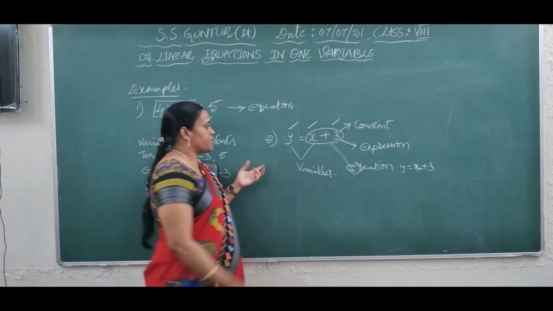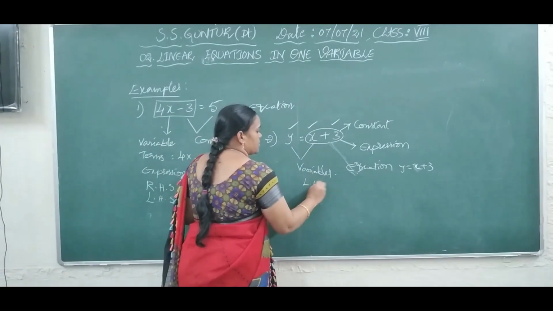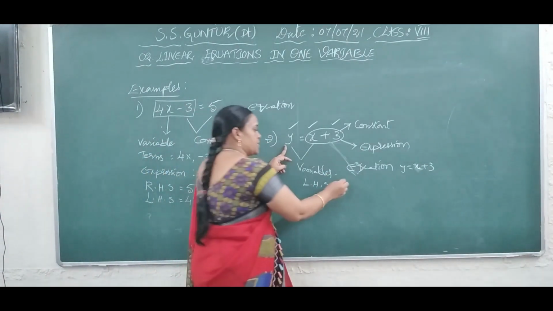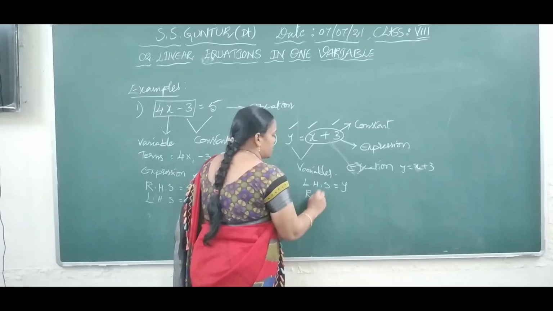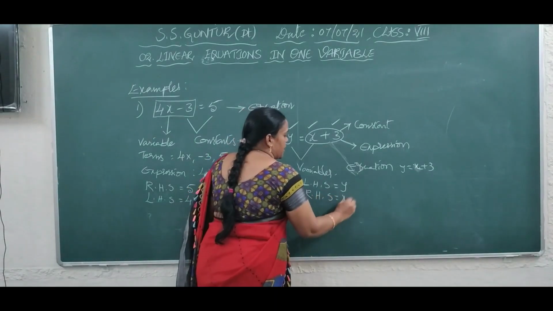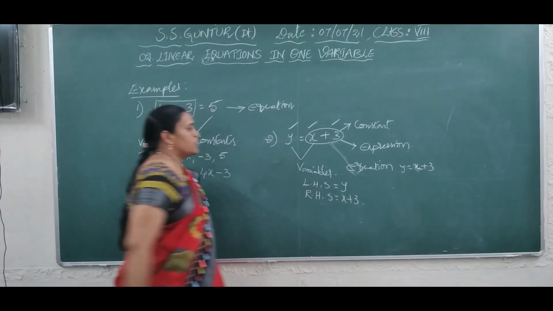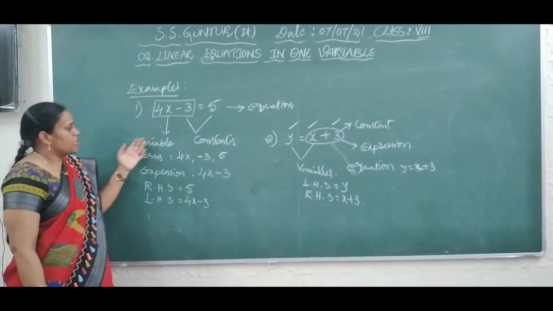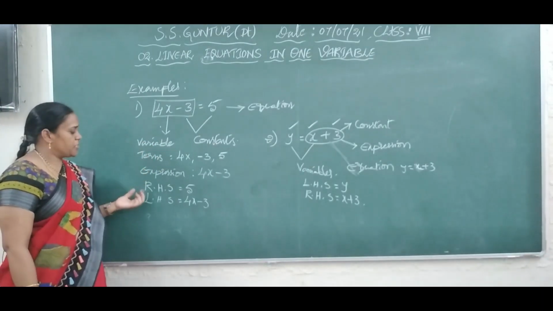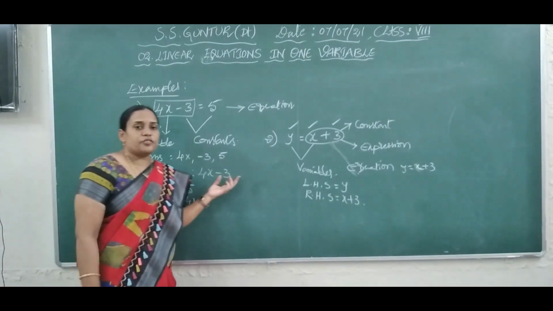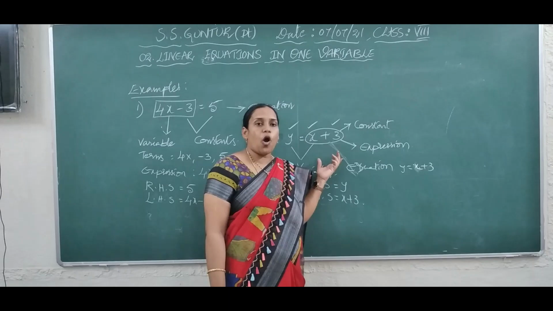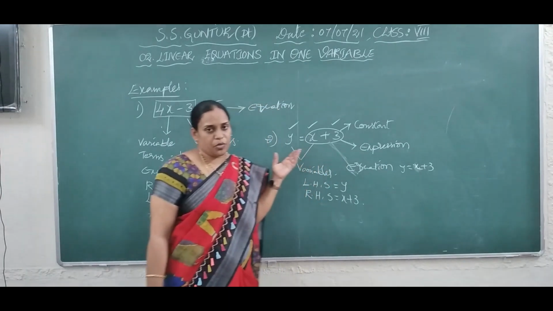Next, in this, what is LHS? What is the left hand side? y. y is LHS. What is RHS? x plus 3. Now, in an equation, we have to find these constants, variables, terms and expressions. So, children, you have to take 10 examples of the same type and do the homework in your homework notebooks.